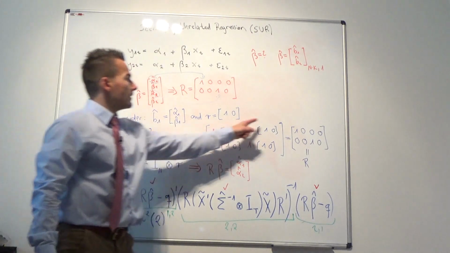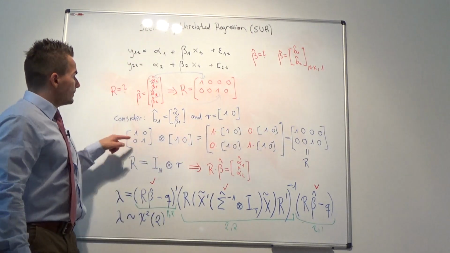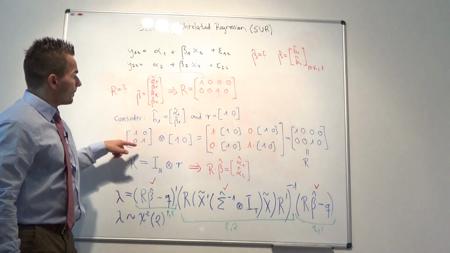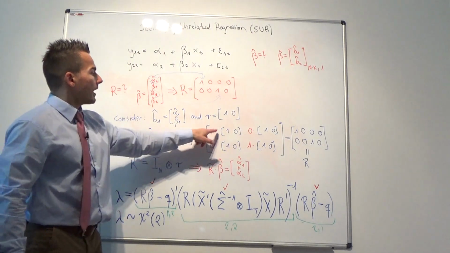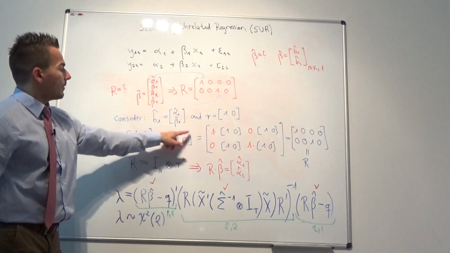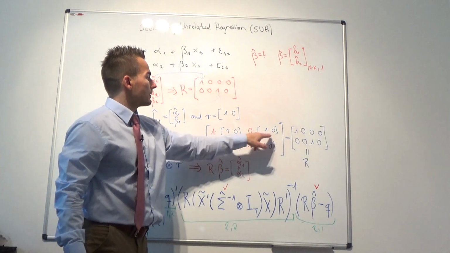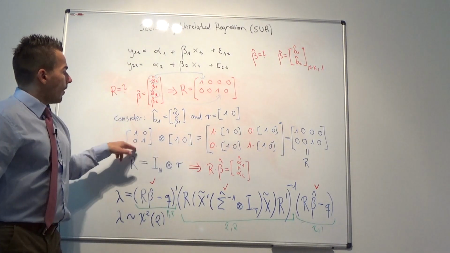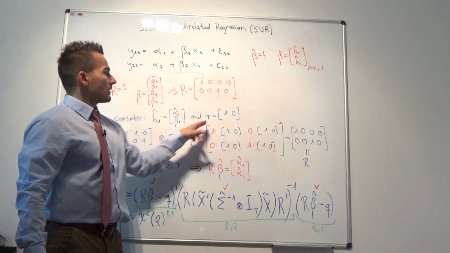And this is basically given here. So we have to multiply this 1 with this vector here, 1 times this vector. The next element will be 0 times this vector, and so on and so forth. So what comes out then?